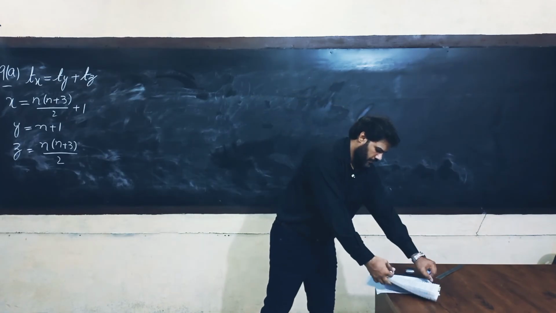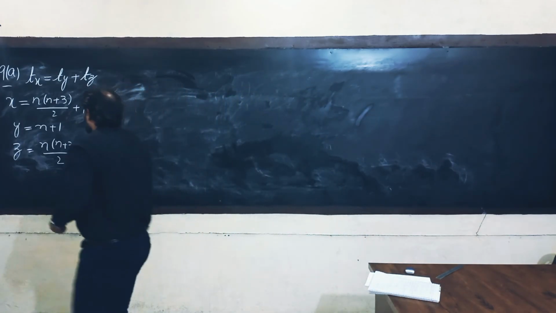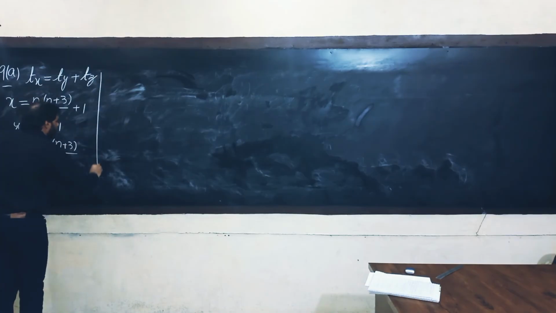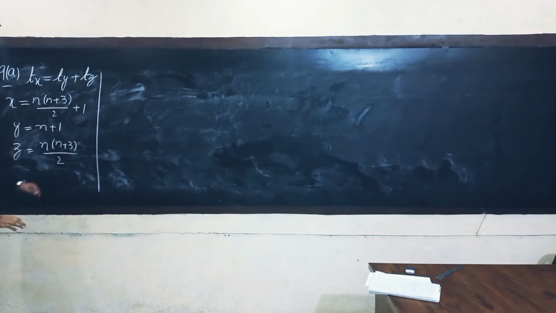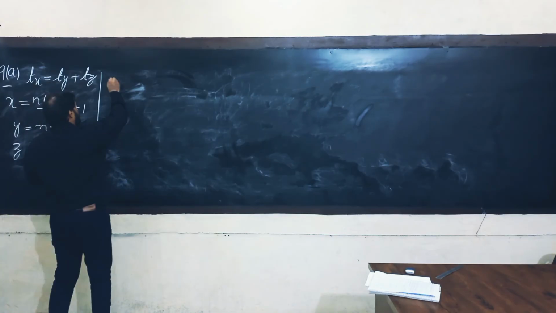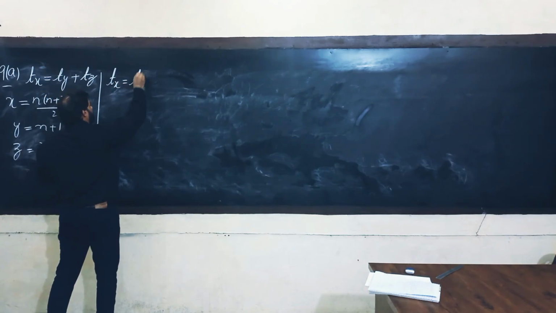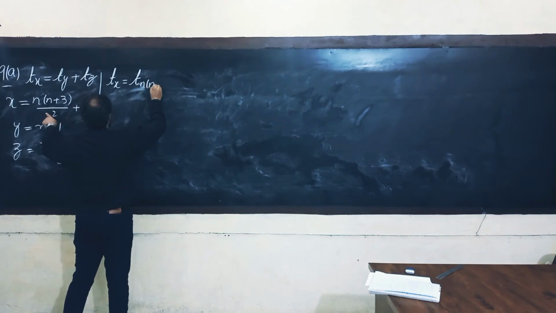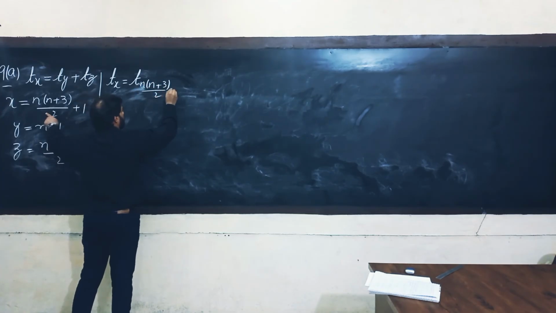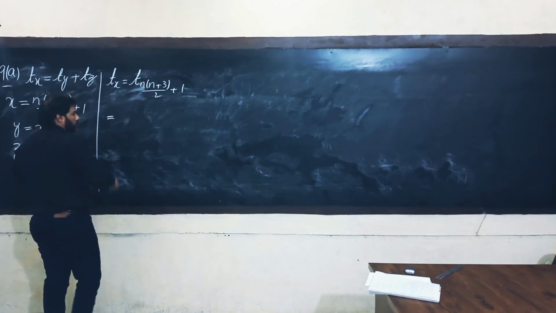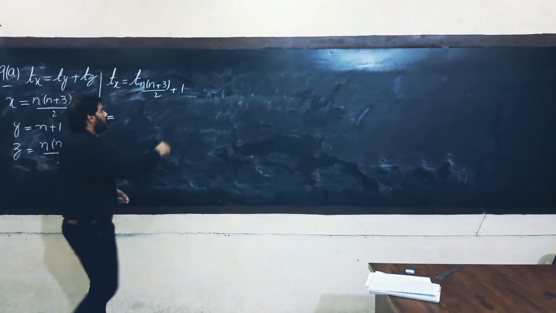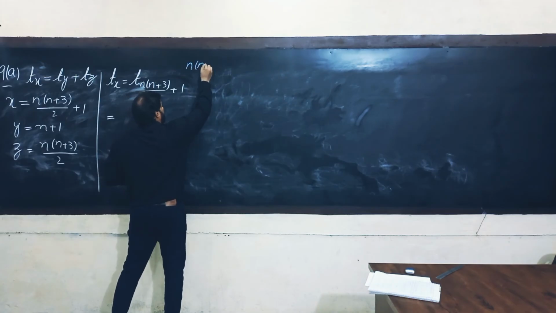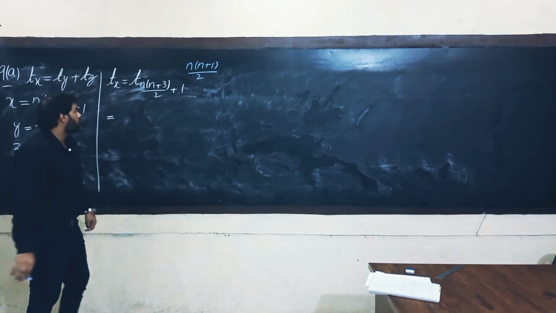So in the solution point of view, we just have to show the left hand side is equal to the right hand side. What is Tx? Tx, my x is n into n plus 3 over 2 plus 1. Using the definition of triangular number, you know, a number is called triangular if it can be written in this form, n into n plus 1 over 2.